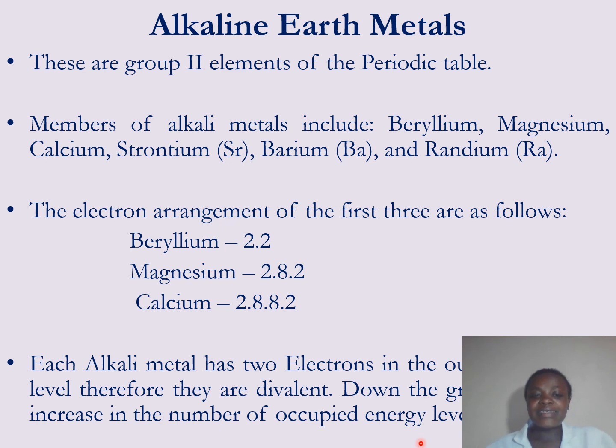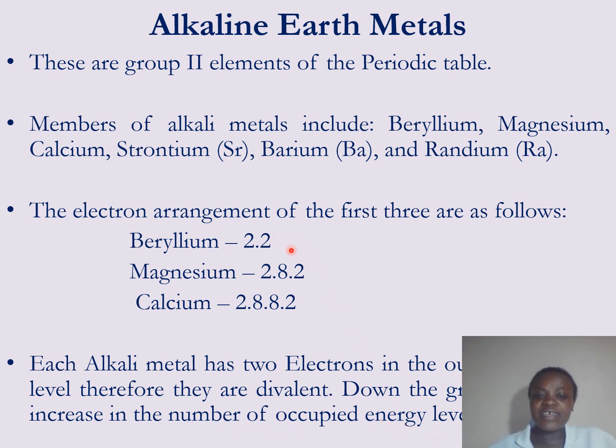Each alkaline earth metal has 2 electrons in the outermost energy level, and therefore it is referred to as divalent, di meaning 2. That's why we call it divalent. Then down the group, there's an increase in the number of occupied energy levels.